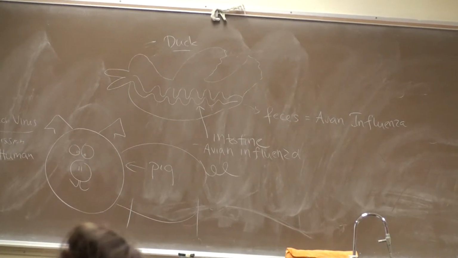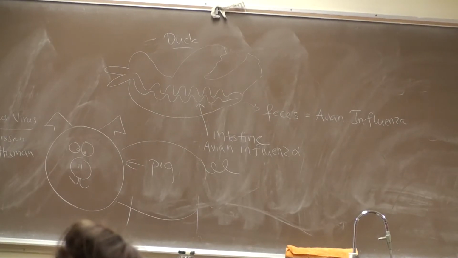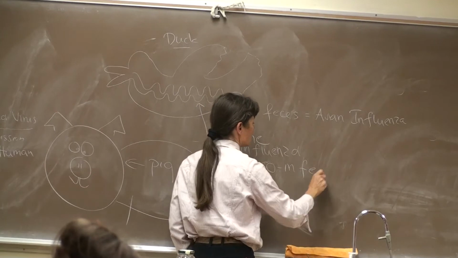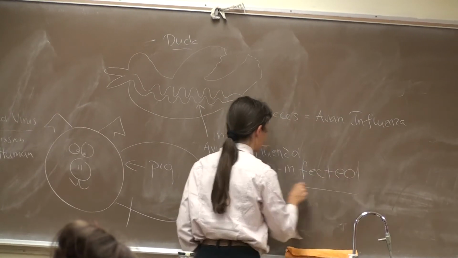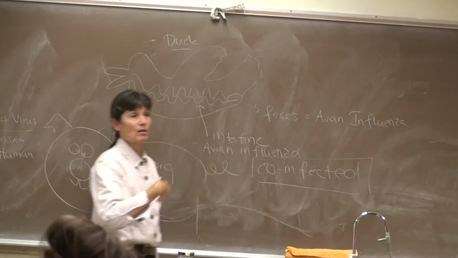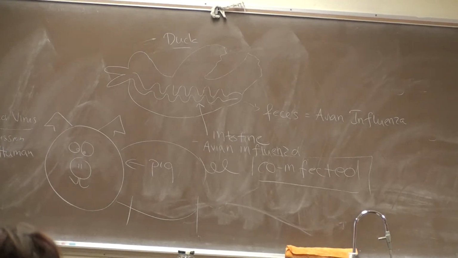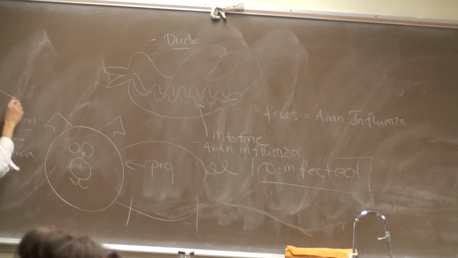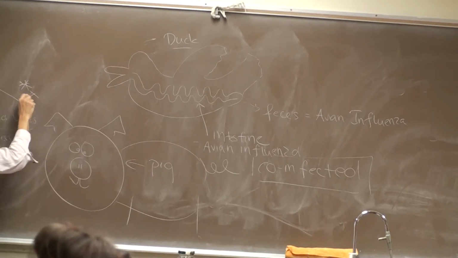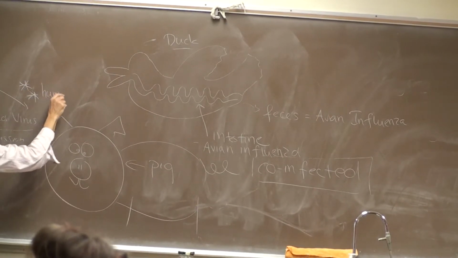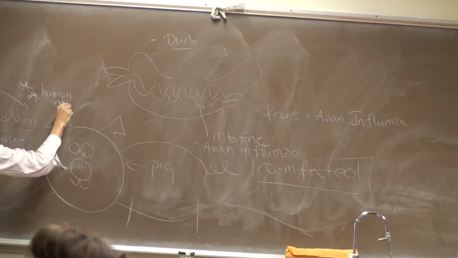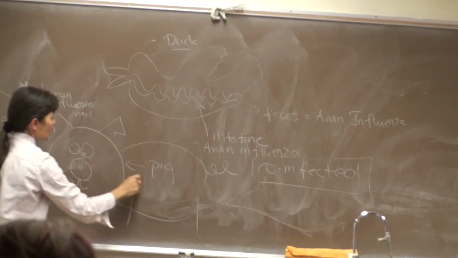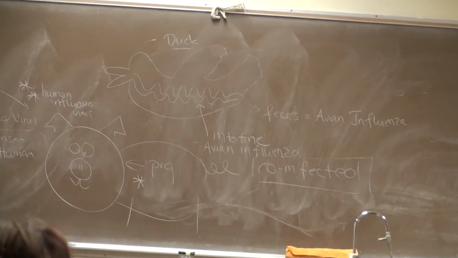So as we saw on this chart, pigs can be co-infected with more than one influenza virus. So co-infected, they're infected by more than one pathogen. So when the human is out there coughing and sneezing and spewing out, I'll use a little white asterisk here for the human influenza virus, coughing in the poor pig's face, the pig inhales the human virus, and I'll just put the human virus there.